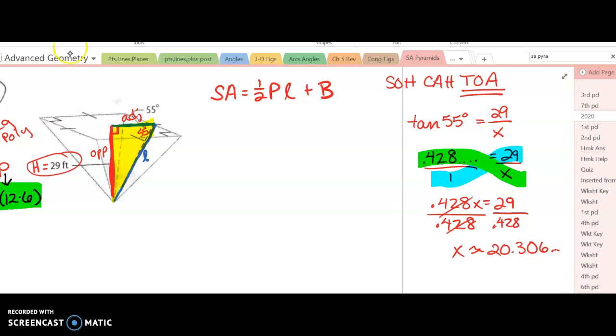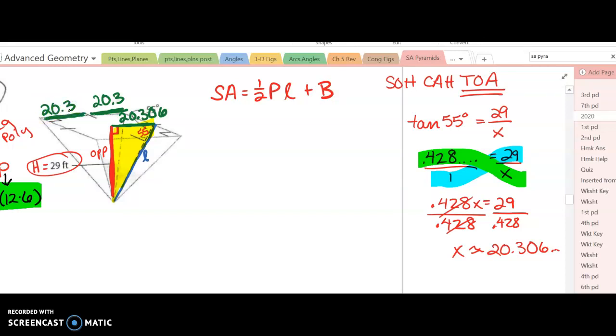Okay, so if we know that the green segment is 20.306, then we know half of the length of the square from here to here is 20.3, and since this is a square, the other half is 20.3.